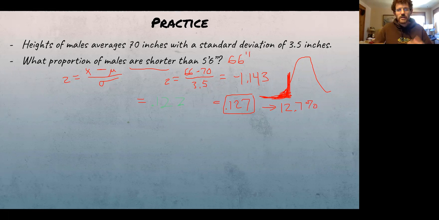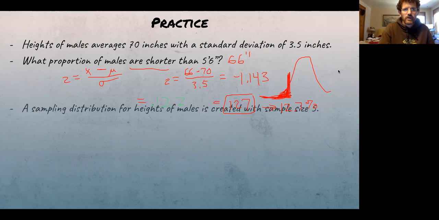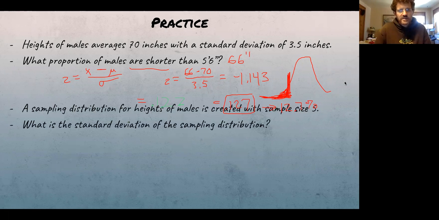This isn't the new stuff yet, but I wanted to establish what happens if we're working with the population distribution. Now we have a sampling distribution for heights of males, and we have a sample size of 5. So the first question is, what's the standard deviation of the sampling distribution? Does anyone remember the formula we use to find the standard deviation for a sampling distribution?